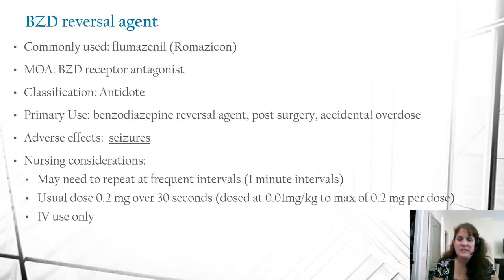It is dosed per weight base, and you can see the usual dose is 0.2 milligrams given IV only. I want to make sure that you understand that this is specifically for the benzodiazepines and not for their cousins, the barbiturates, in overdose as well. But this is something you will see if a person is on benzodiazepines for whatever reason. This will also be in their PRN section of their medication administration record, just in case.